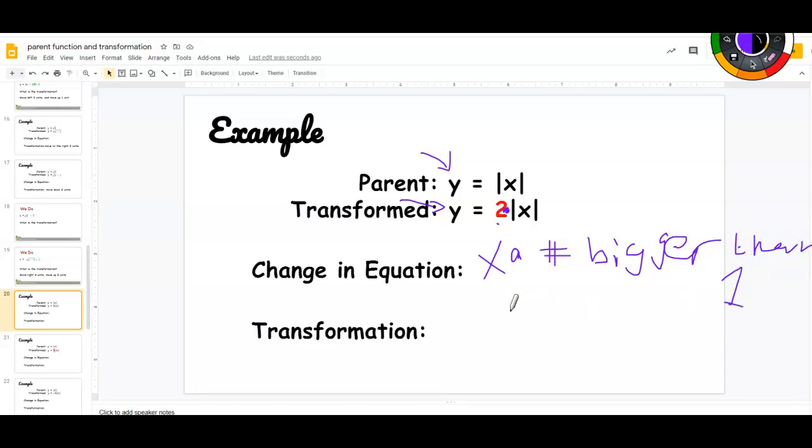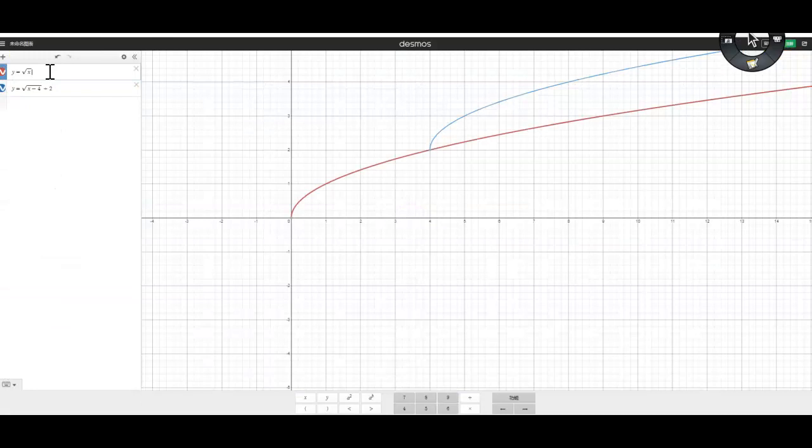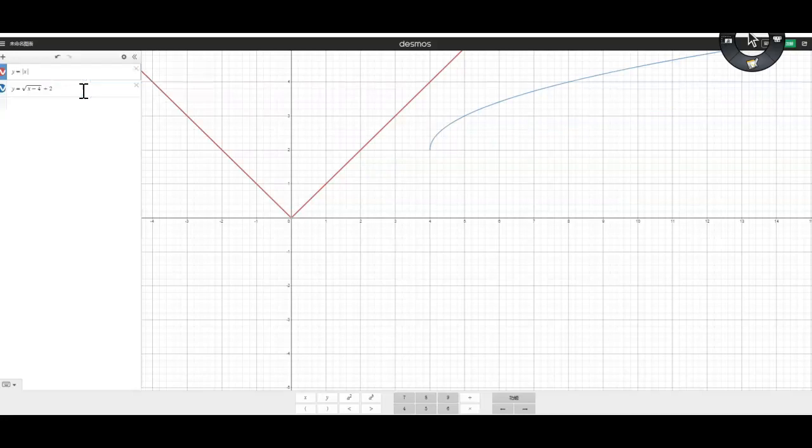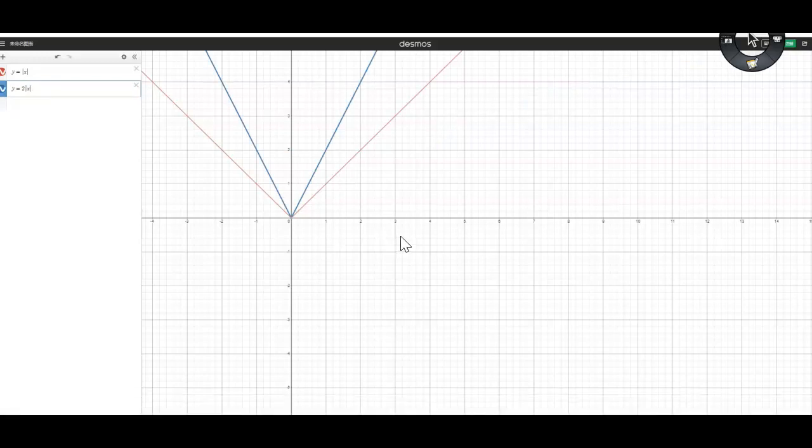So let's see what kind of change on the graph is going to happen. So let's put both of the equations in the calculator. So this time we're using absolute value of x. And the baby function is 2 absolute value of x. You see what?